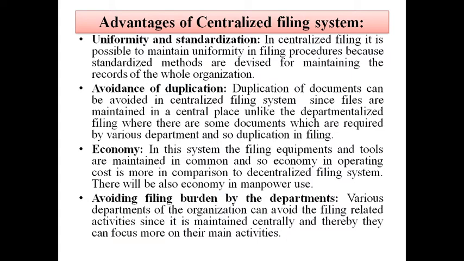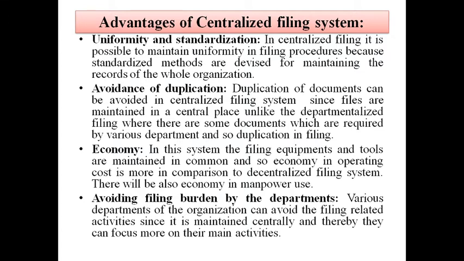Then, duplication can be avoided through centralized filing system. Duplication of documents can be avoided in centralized filing system since files are maintained in a central place, unlike the departmentalized filing where there are some documents which are required by various departments and so duplication in filing.